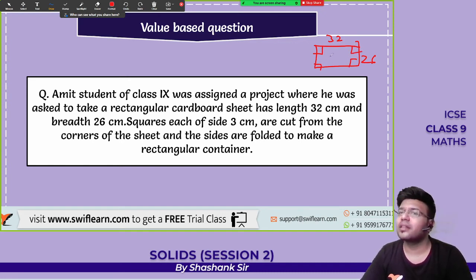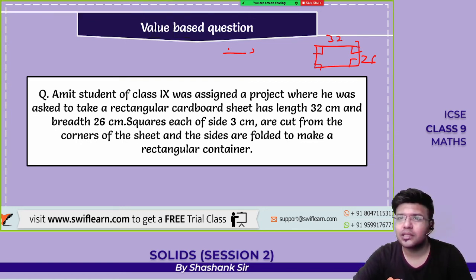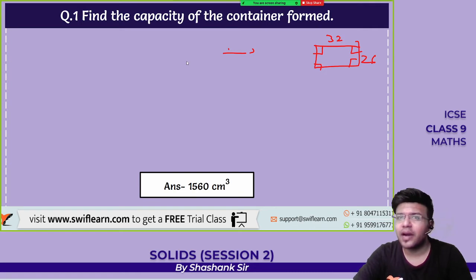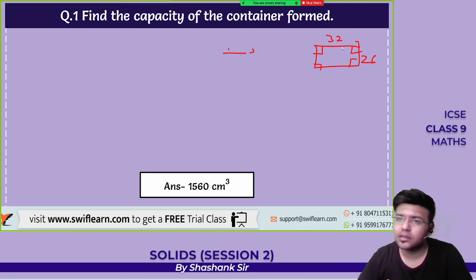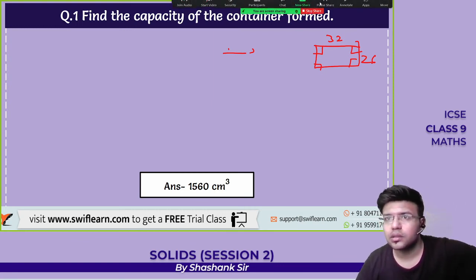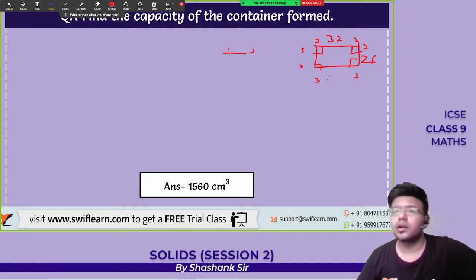When cut, they can be folded and made into a box. So calculate the volume it can hold. What was the question asked? Find the capacity of the container. 3 centimeter, 32, 26, and this is 3 centimeters. Now see this.